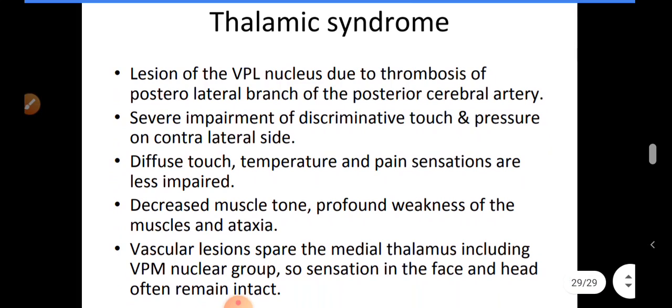Also there is decrease in muscle tone, profound weakness in the muscles and ataxia. In this syndrome, the patient may get thalamic overreaction. The threshold for pain, touch and temperature is decreased.